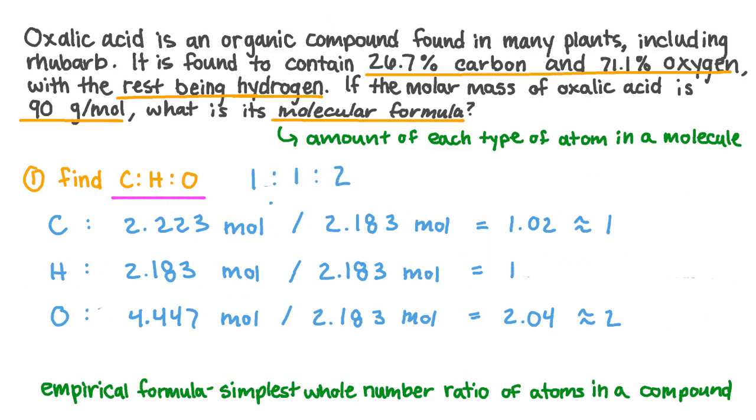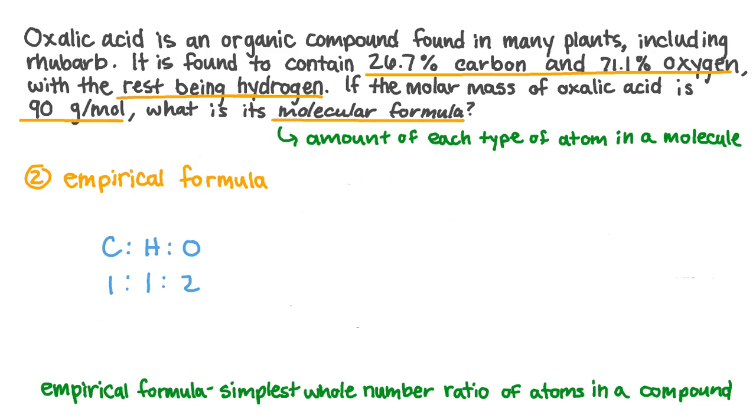So the ratio of carbon to hydrogen to oxygen in our sample is 1 to 1 to 2. Now that we have this ratio, we can find the empirical formula. Since the empirical formula expresses the simplest whole number ratio of atoms in a compound, the empirical formula is going to be CHO2.